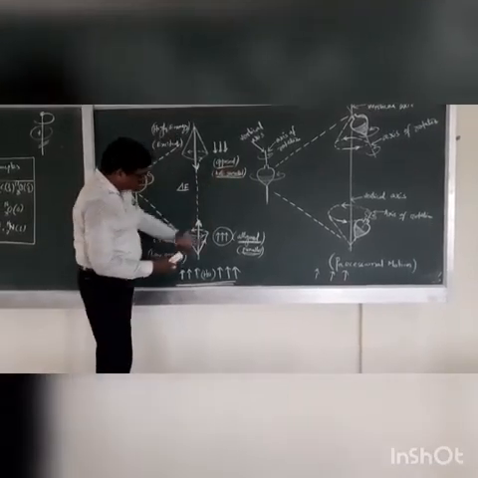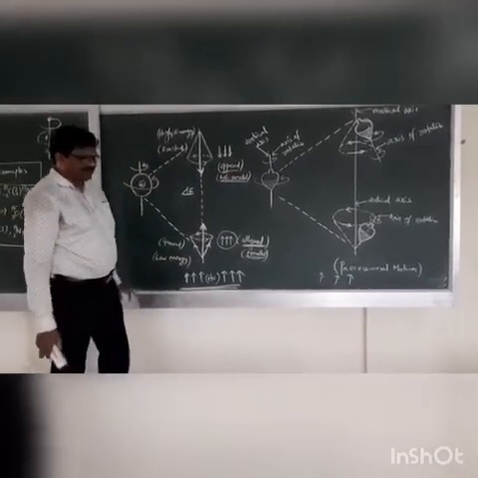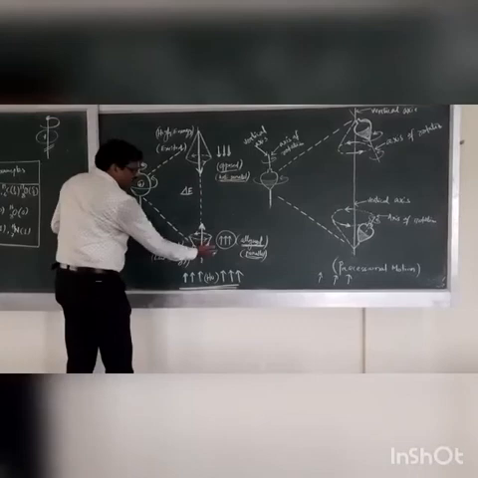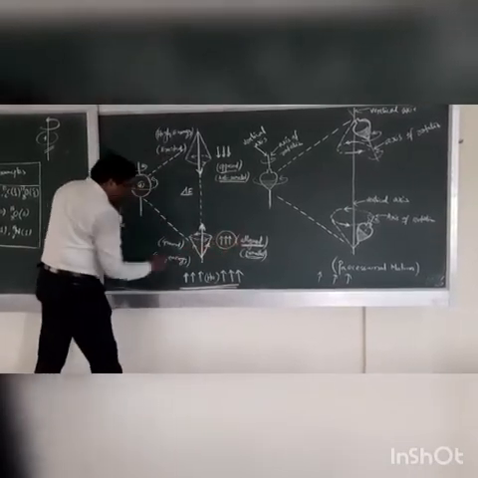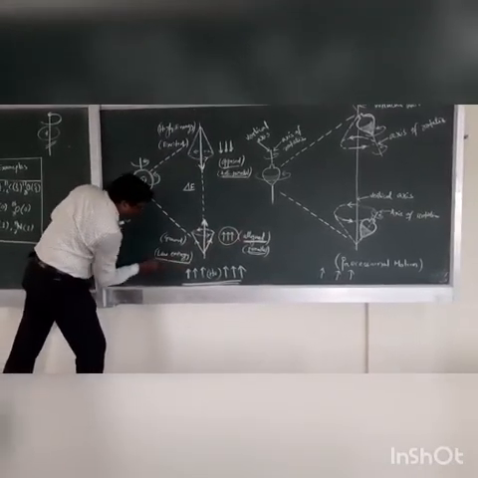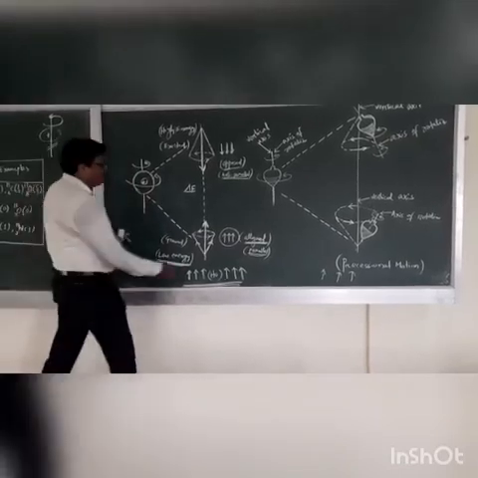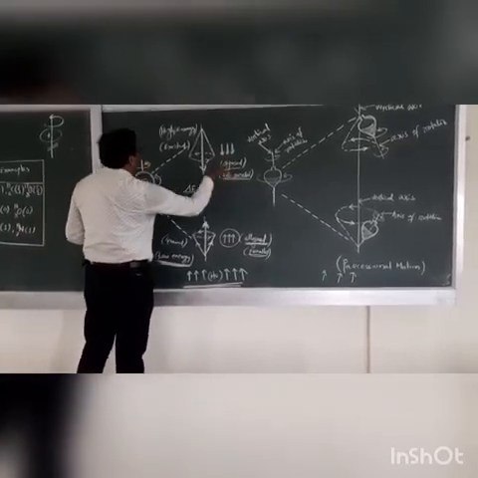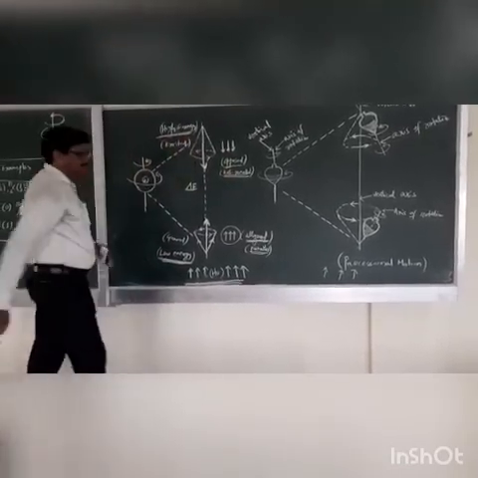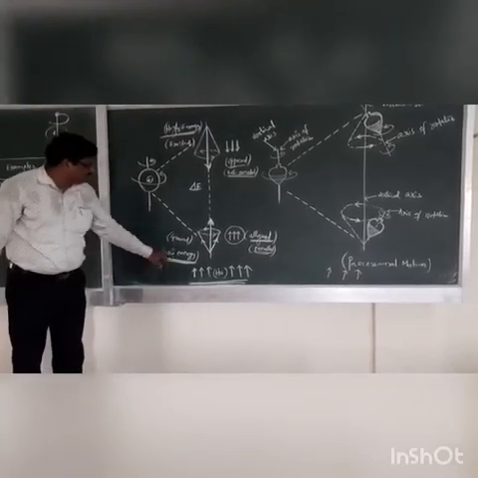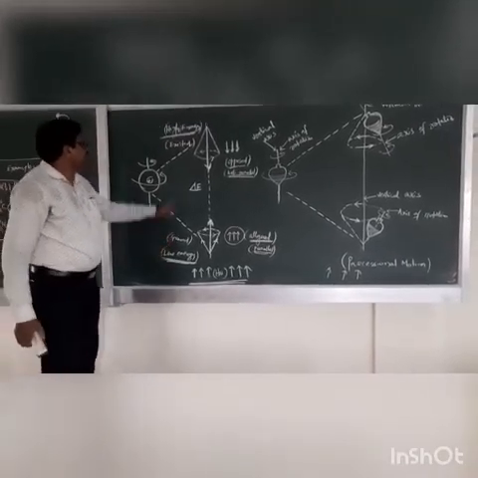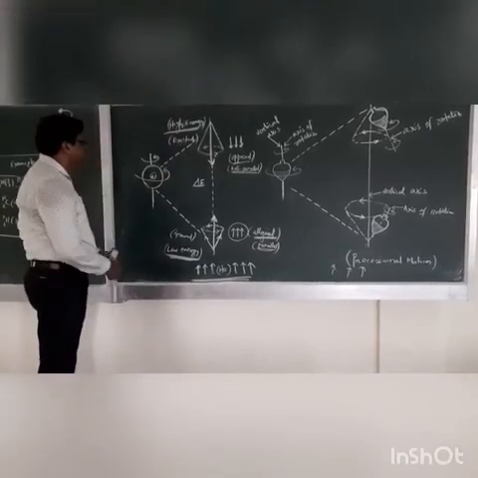It opposes the external magnetic field. When it is parallel or aligned, it has a low energy state, and when it is anti-parallel or opposed, it has a high energy state. The low energy state is known as the ground state, and the high energy state is known as the excited state.